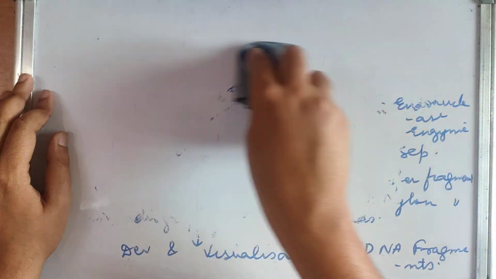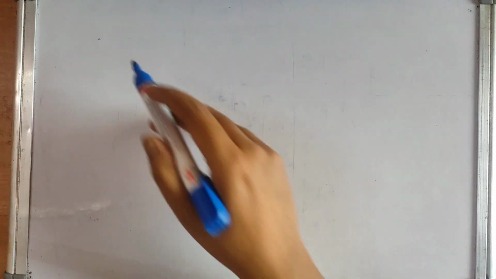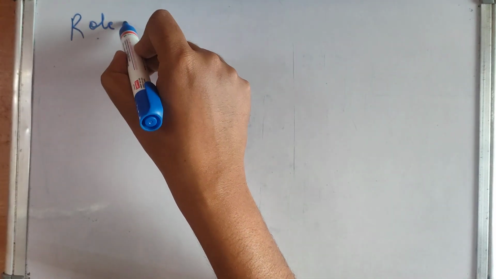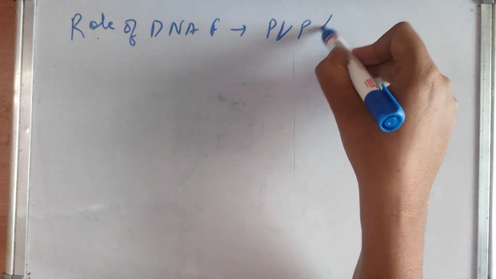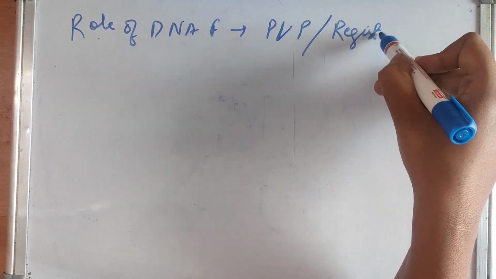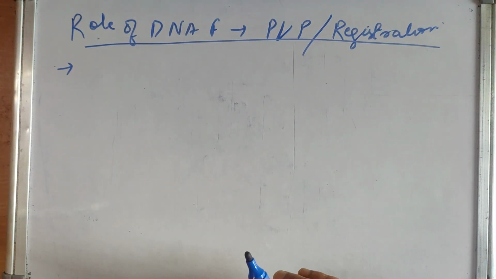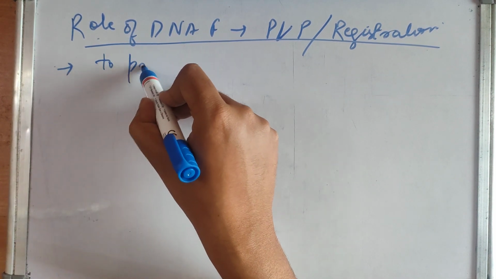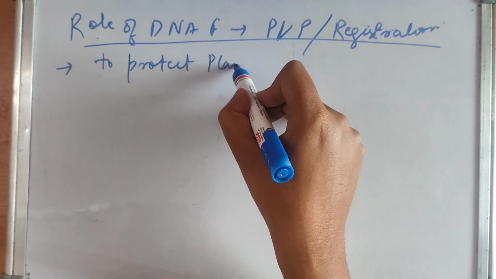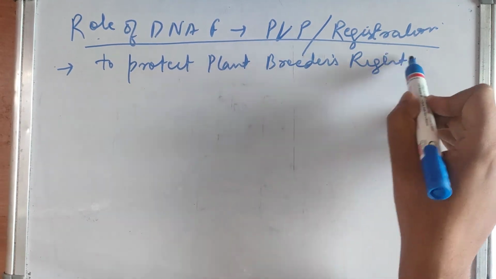Now moving on. Role of DNA fingerprinting in plant variety protection or registration. First of all, it is very useful to protect plant breeders' rights.